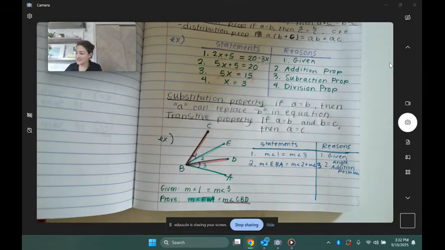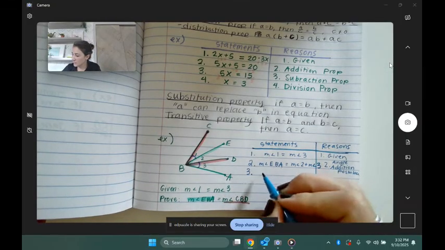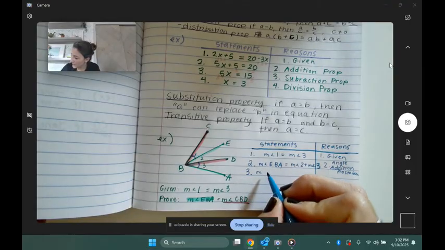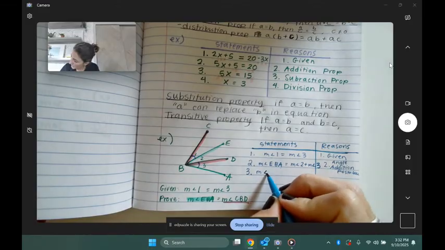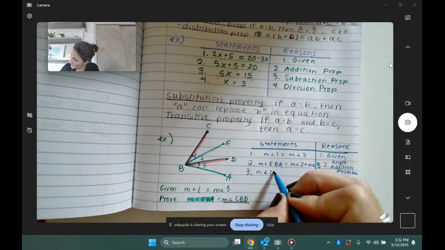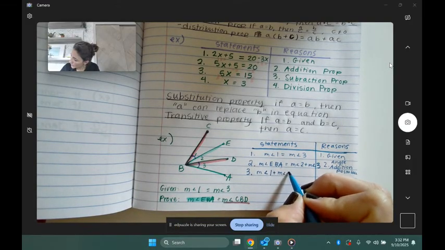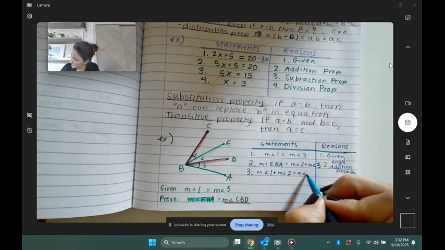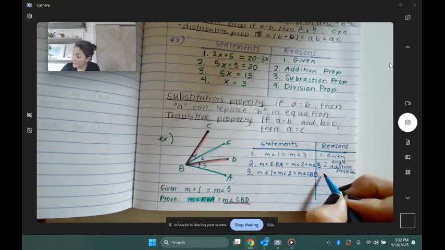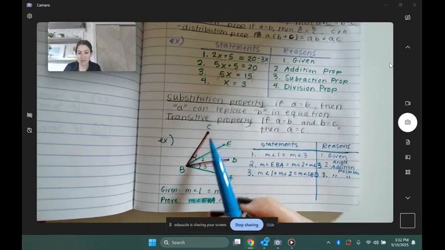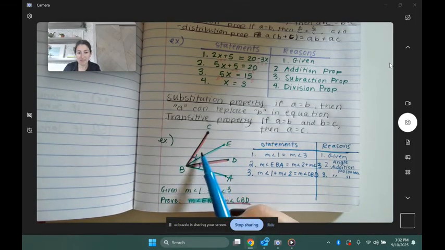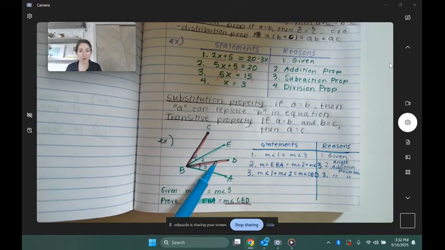Now, I think I can say the same thing. Number 3, I'm going to flip it a little bit. The measure of angle 1 plus the measure of angle 2 is equal to the measure of angle CBD for the exact same reason, right? CBD is angle 1 plus angle 2. Angle addition postulate. Part plus a part equals the whole pink angle here.